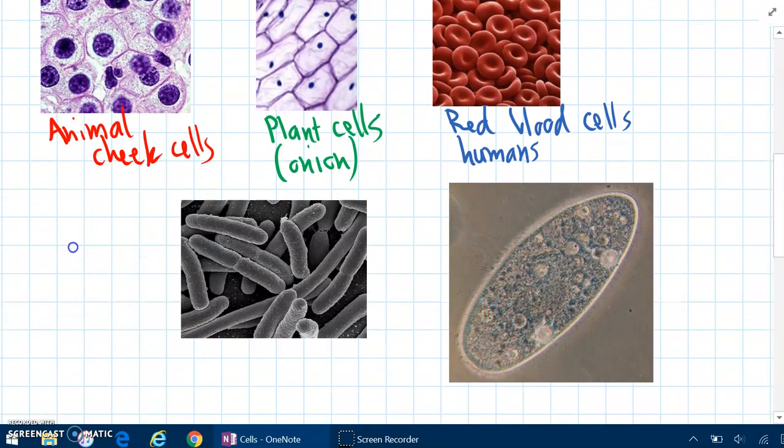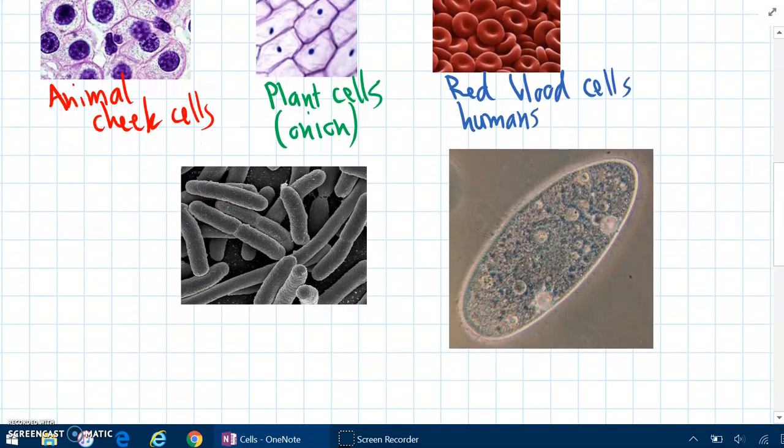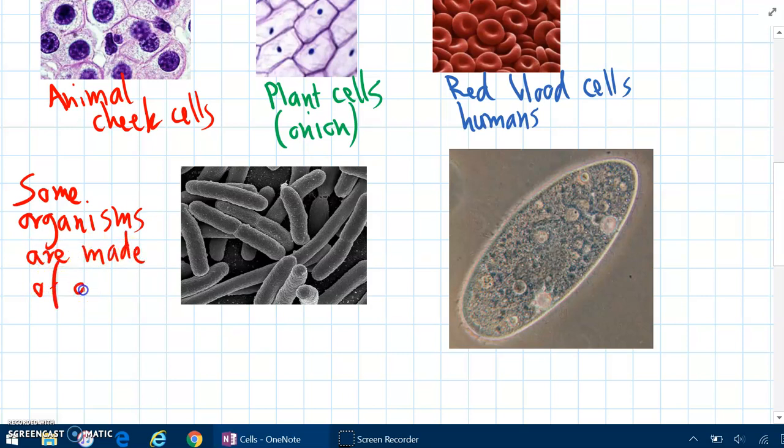But another thing that they discovered when looking through a microscope is that some organisms are actually just made of one cell. So some organisms are made of only one cell.